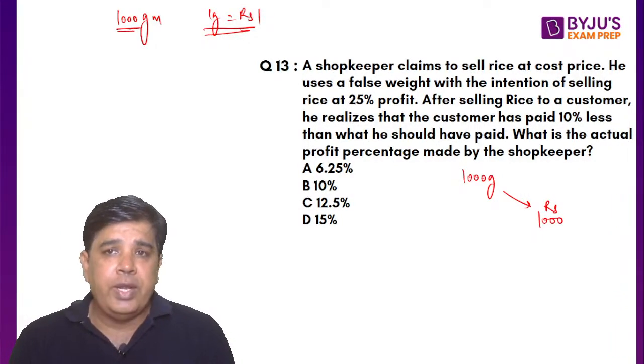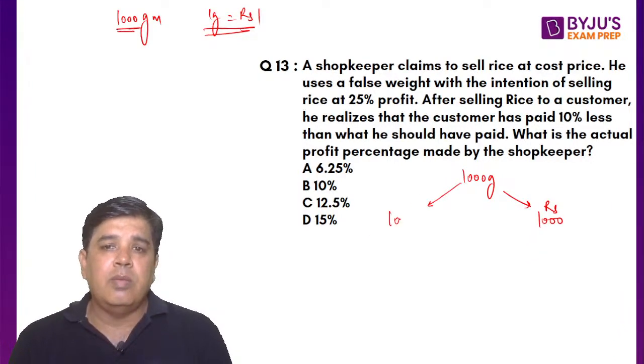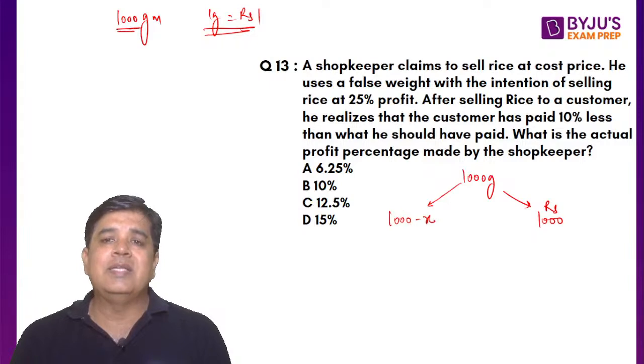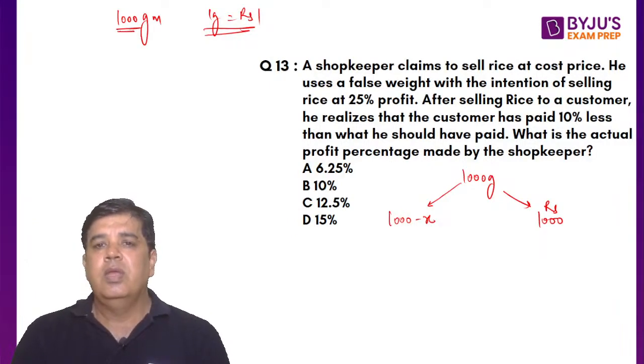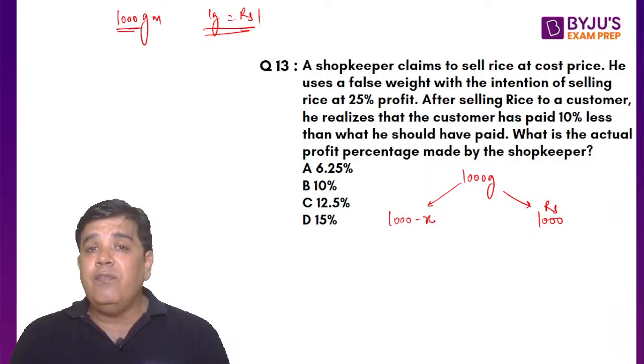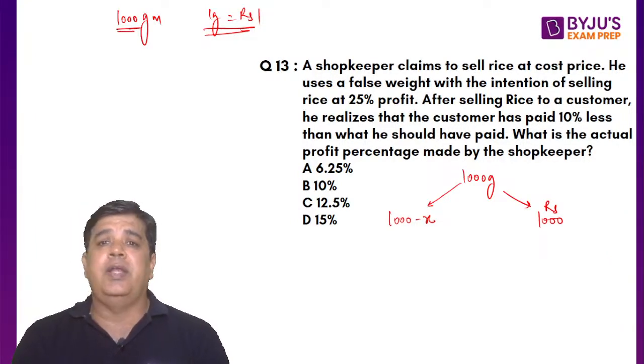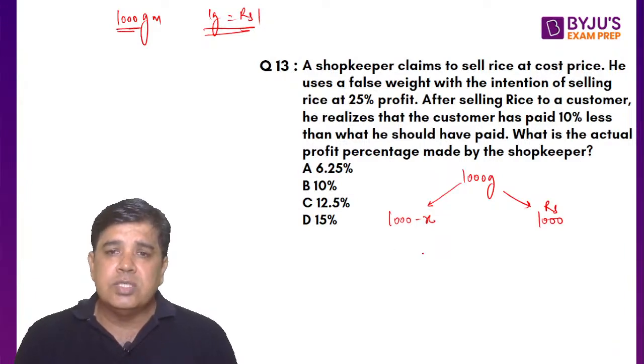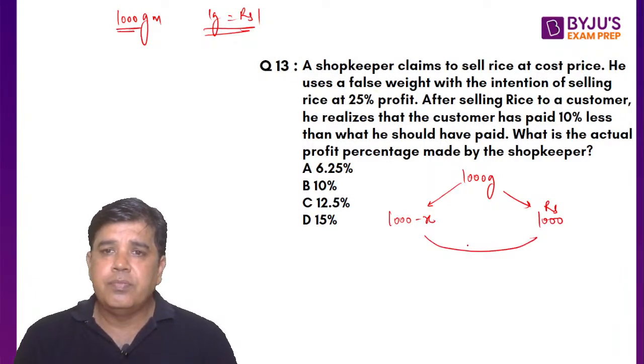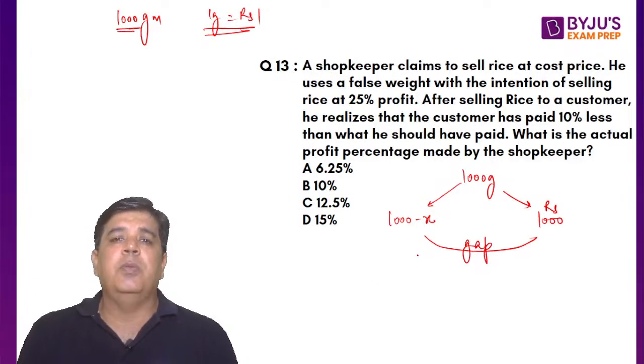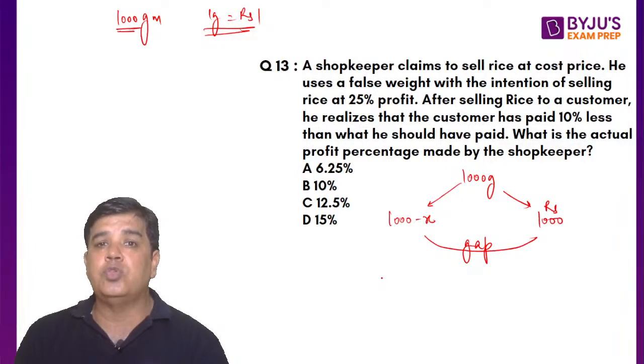He uses a false weight. It means he is not giving 1000 gram, he is giving something less, right? Let's say X amount is reduced, by the intention that he must get 25% as the profit on all this, right? So this gap is the profit, and this profit percent is 25.